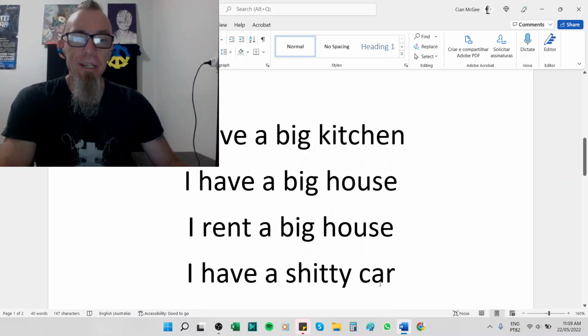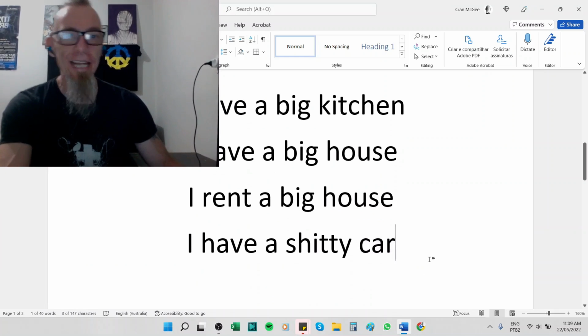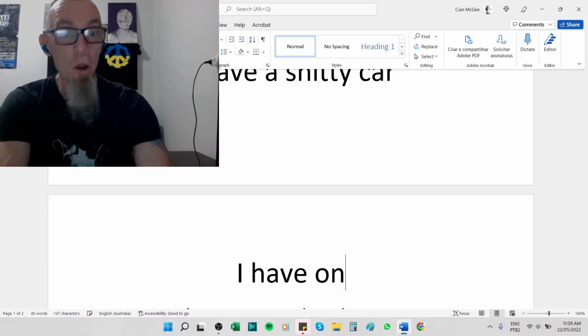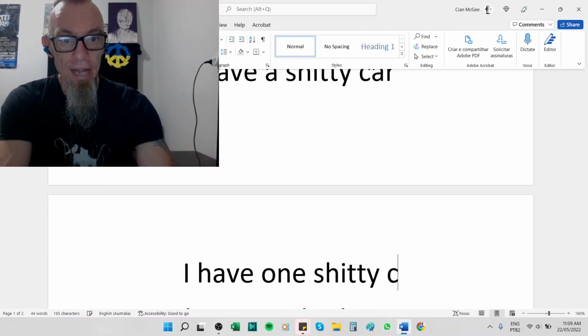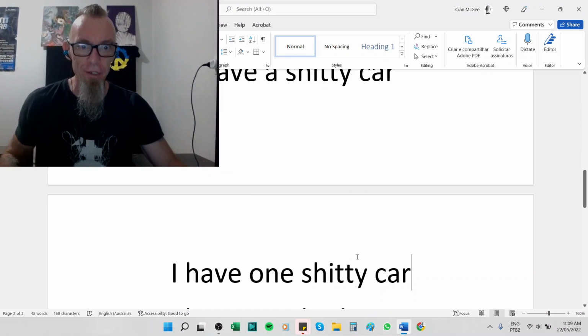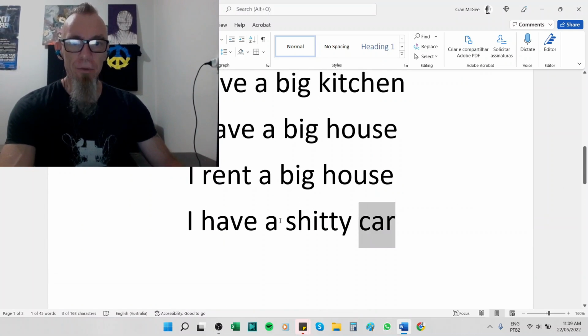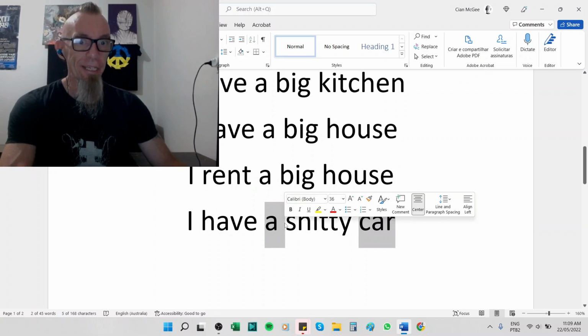So in this case, we know that most people only have 1 car. We don't assume that people have 2, 3, 4, 5, 6. And in that case, I have to say I have 1 shitty car, as opposed to Jeff, who has 17 shitty cars. We know that most people only have 1 car, so in this case, we can just refer to it as a.